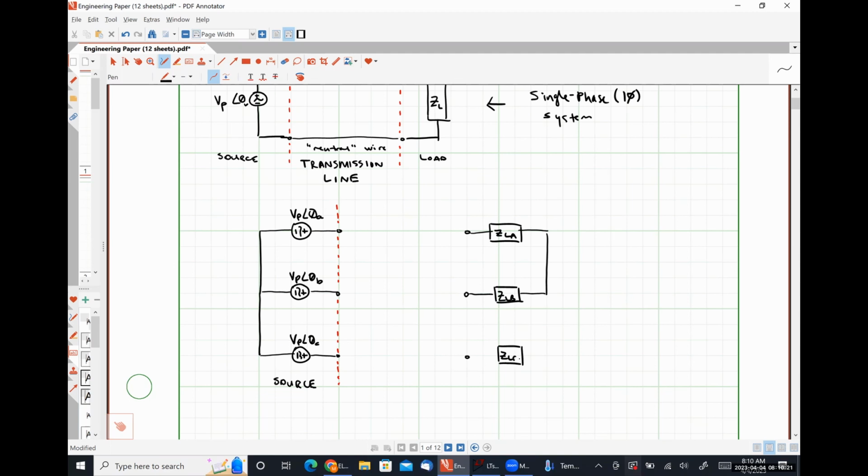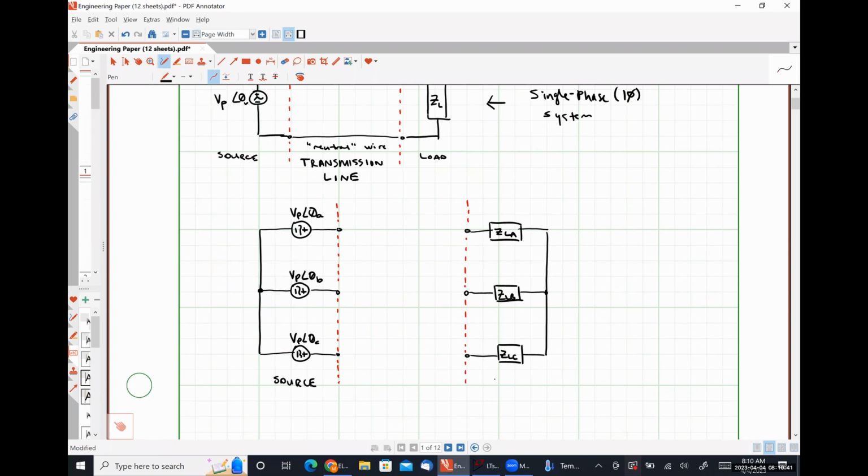And ZLC for our load impedance on the C phase. And let's call everything that we see over here our load.